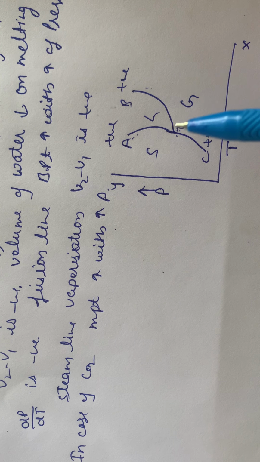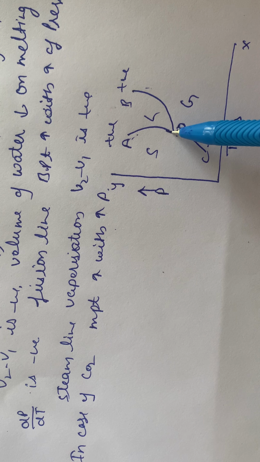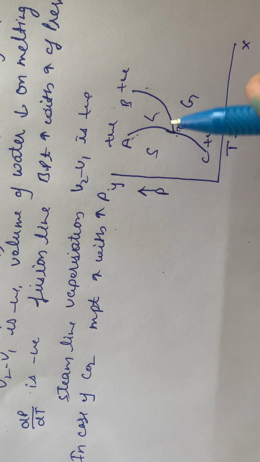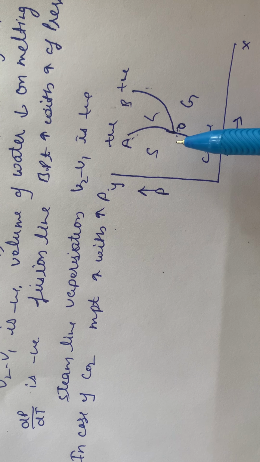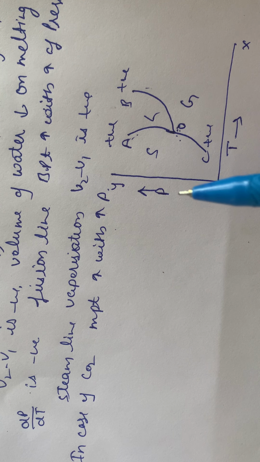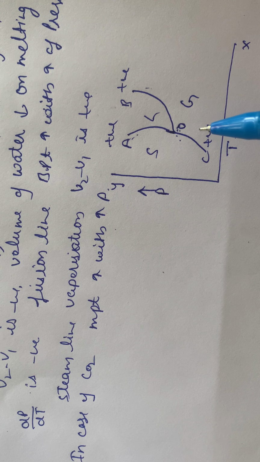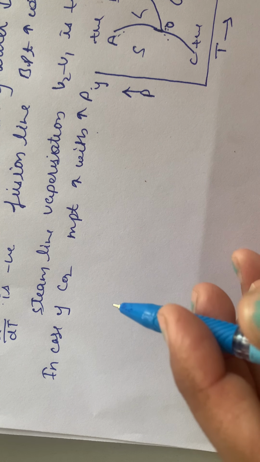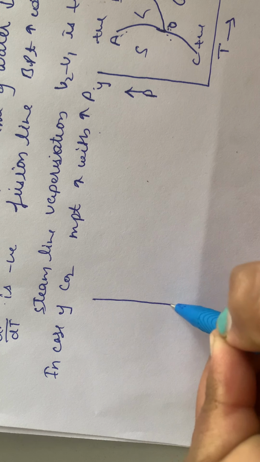There exists only one triple point for every substance. If we want to prove that there is only one triple point for a particular substance, we shall prove that the fusion line, vaporization line and sublimation line all meet at one point.